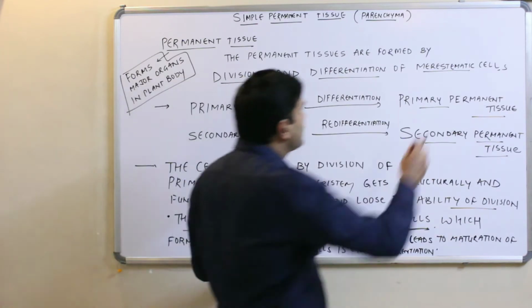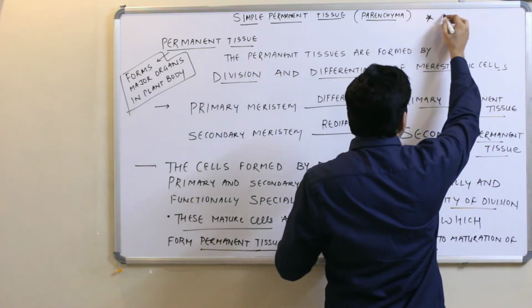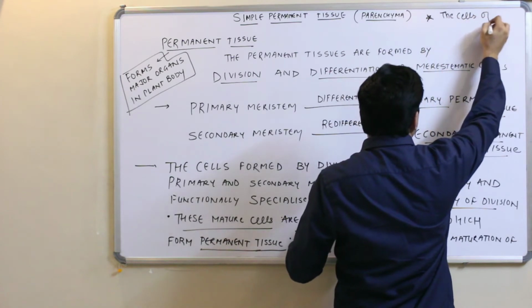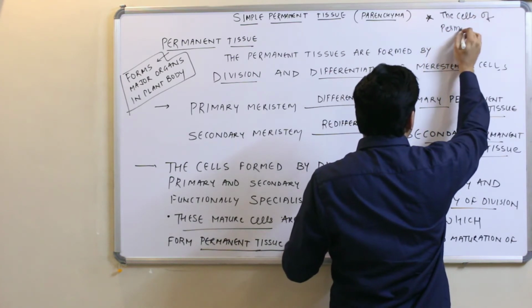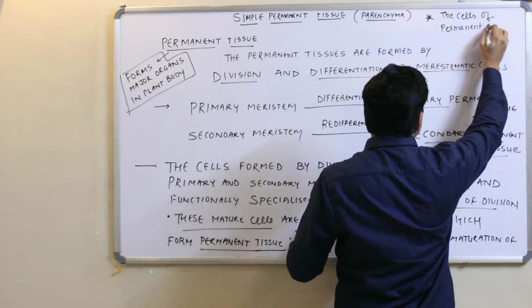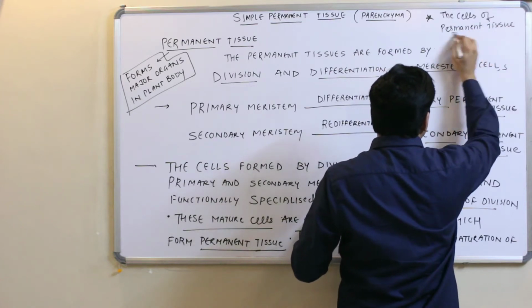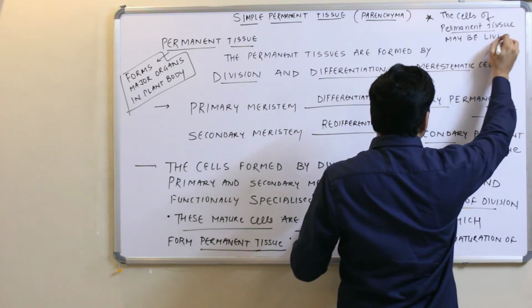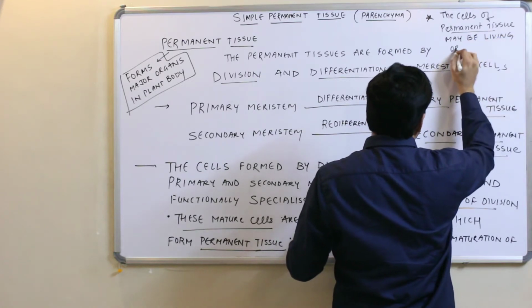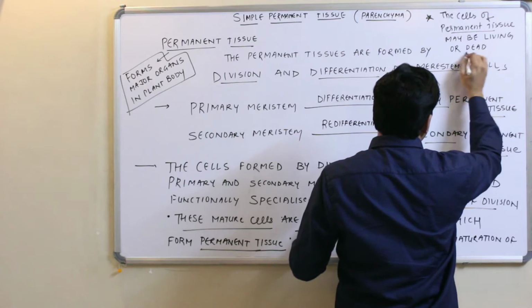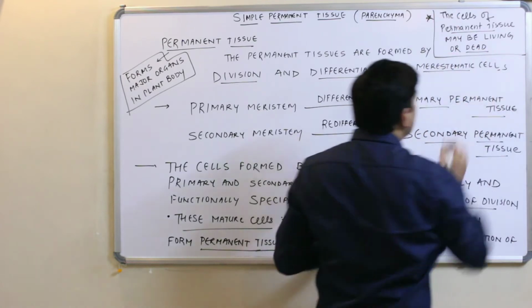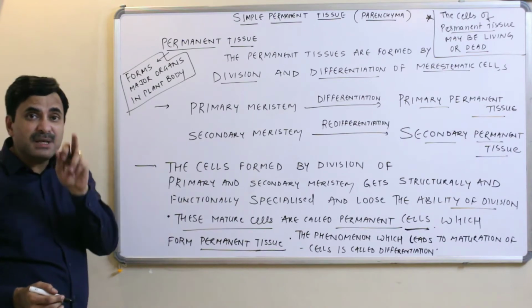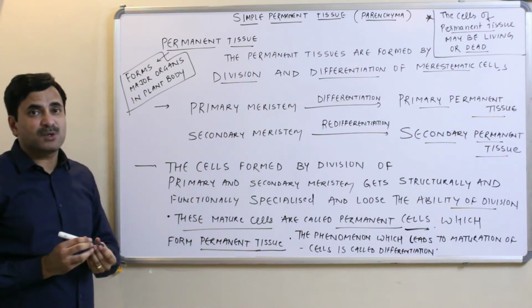Now remember this thing, that the cells of permanent tissue may be living or dead. You have to remember this. They may be living also, they may be dead also.